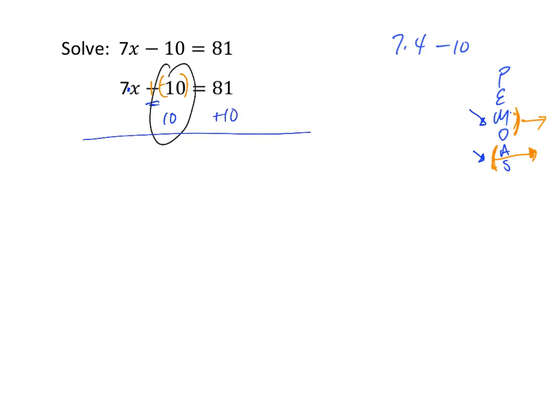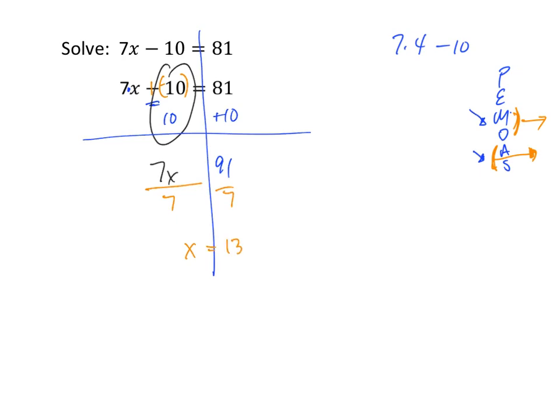Okay, and then again, we're going to draw a line there, and now that means I'm going to have 7x on this side, but now I'm going to have 91 on the right side, because 81 plus 10 is 91, okay? 7x plus 0 is 7x. Okay, so now I have multiplication. How do I undo multiplication? I'm going to divide by 7. I get x equals 13.